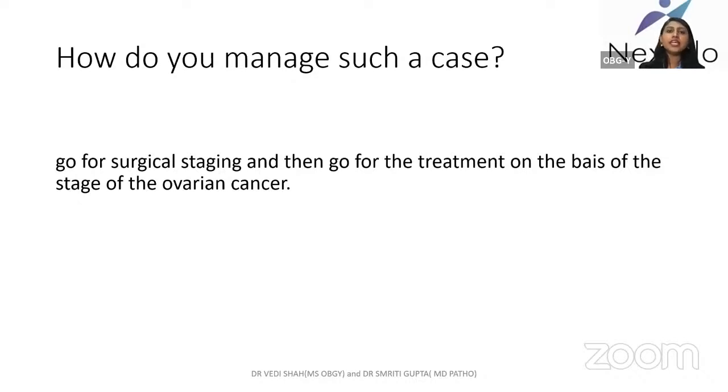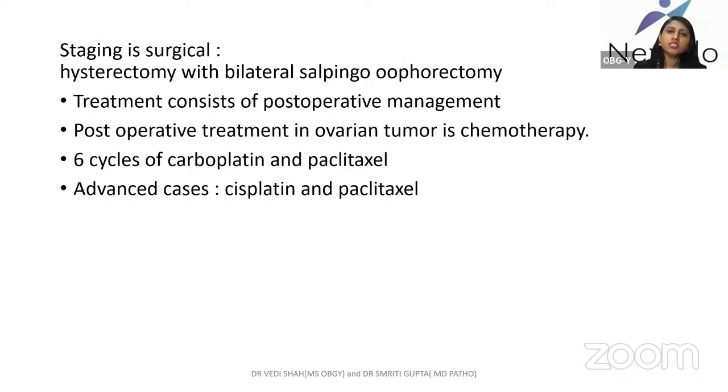Once you know that there is some kind of lesion present and likely to be malignant, you go for operative laparotomy, and you explore the whole abdomen, like the peritoneal cavity, remove all the tumors, send it for histopathological examination, and then on the basis of the histopathological picture, you classify which stage the patient is in, and then you go for the further management. So staging is always going to be surgical.